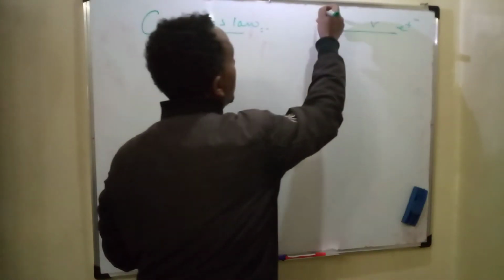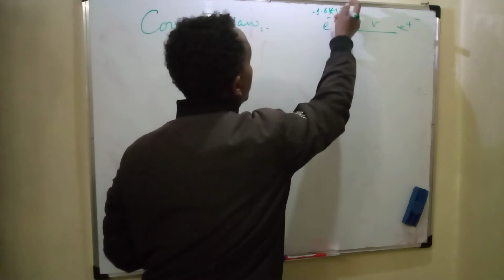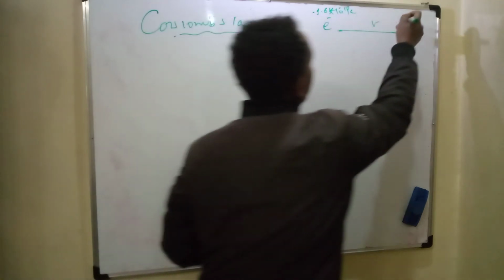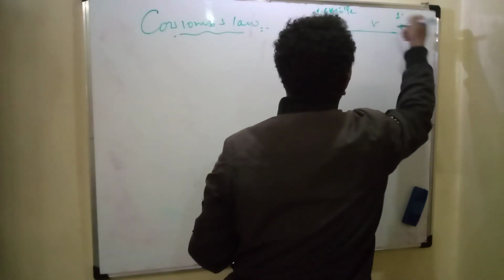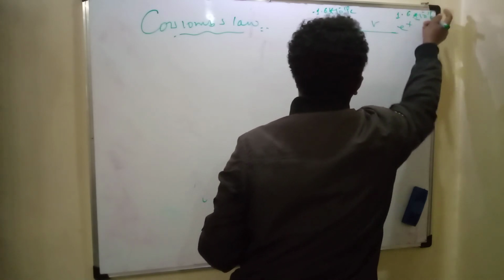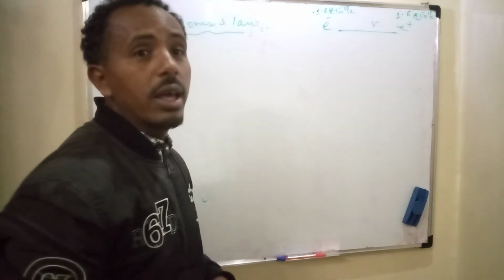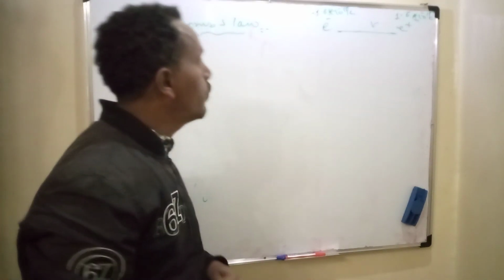The charge carried by one electron is minus 1.6 times 10 to the power of minus 19 Coulomb. The charge carried by one proton is 1.6 times 10 to the power of minus 19 Coulomb. Since they carry a charge, there is an electrostatic force, Coulomb's force.